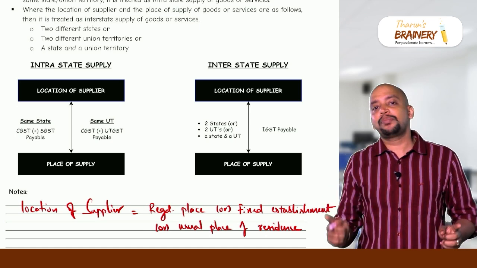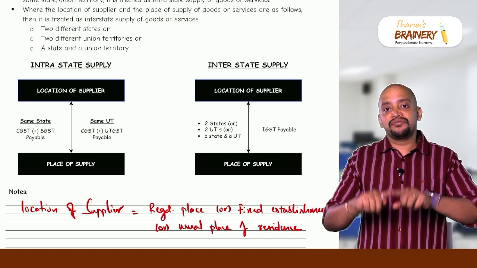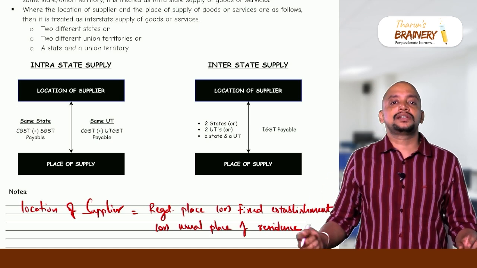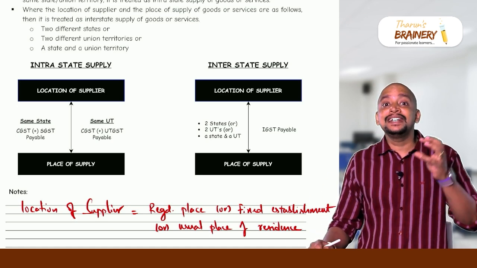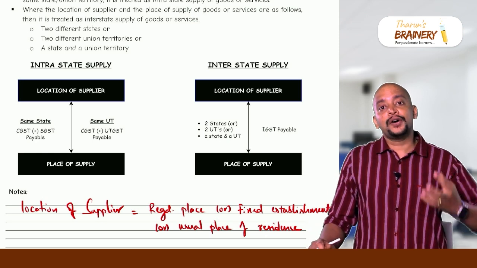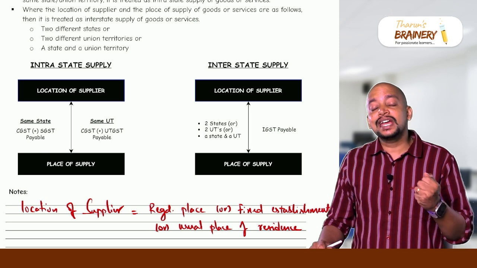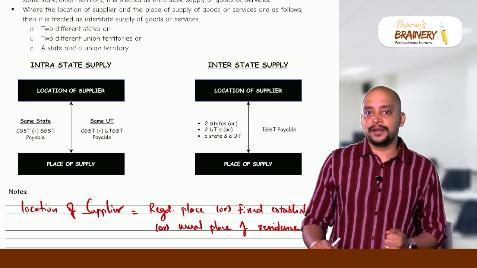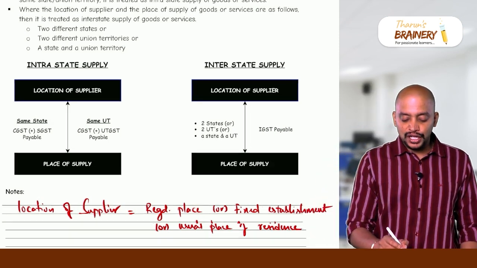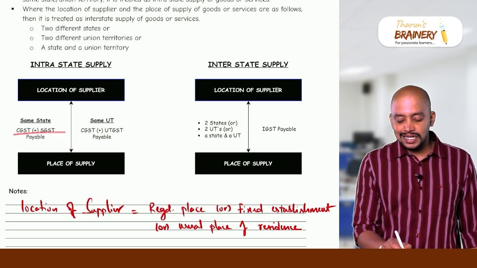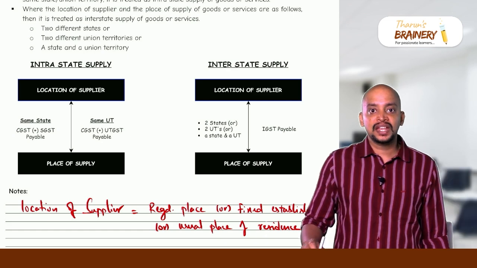Two different states, two different union territories, or a state and a union territory, interstate supply. Now, what is the type of GST that will be applicable in case of intrastate supply? Intrastate supply, within the same state, the type of GST is CGST and SGST.